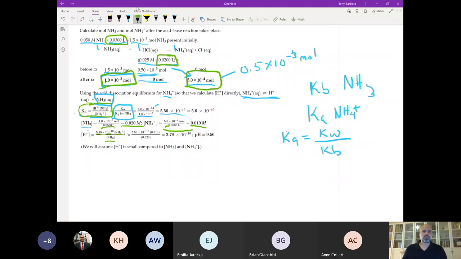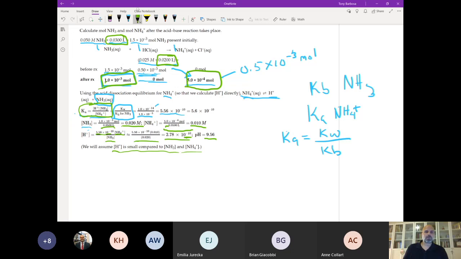We plug in the concentrations we just calculated previously, and that gives us our proton concentration of 2.78 times 10 to the minus 10. We take minus the log of that, and we get our pH of 9.56. And again, this makes another assumption, obviously, that the proton concentration is small compared to the ammonia and the ammonium concentration, which it is in this case, because you can see we're at minus the 10.